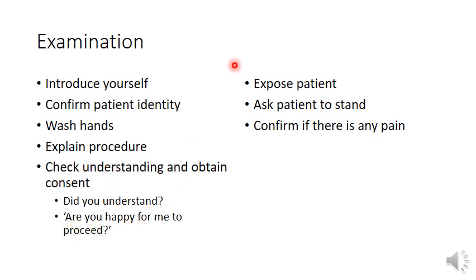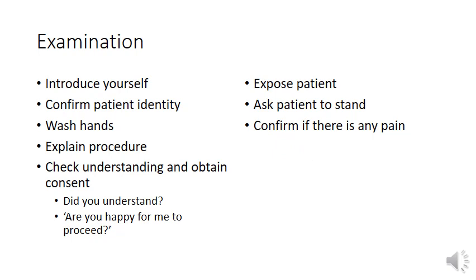Okay, so expose the patient, usually from neck until the waist, you need to expose bilateral shoulder joints. Ask the patient to stand and confirm if the patient is having any pain before you start examining.